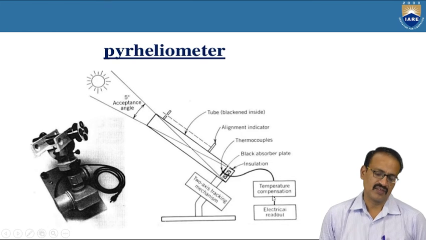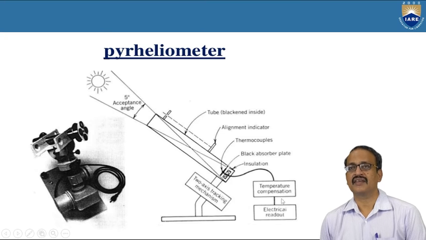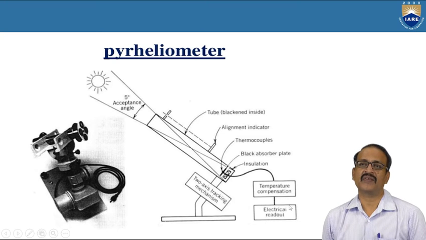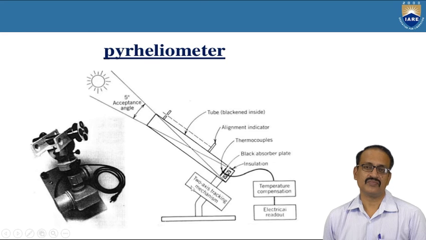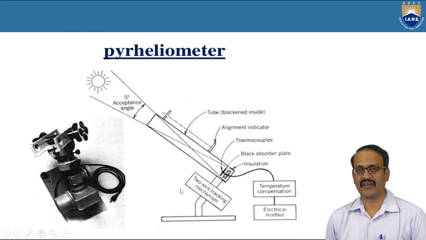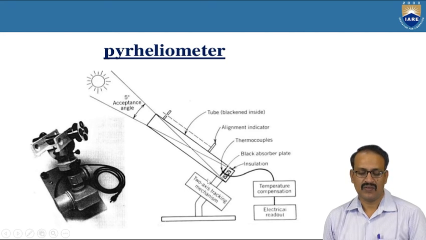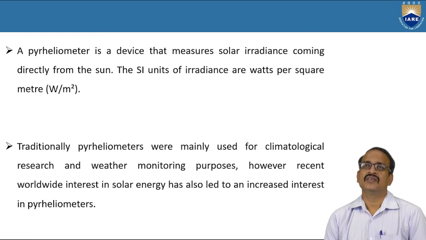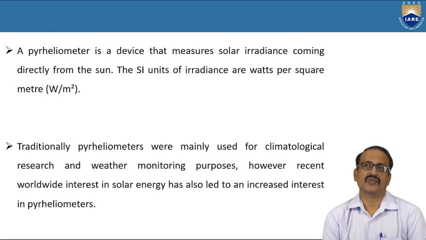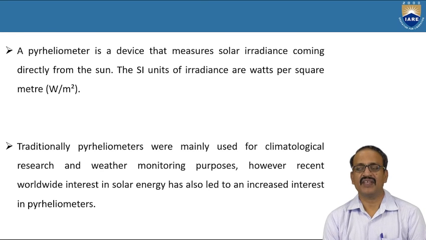For that you need some arrangement. Electrical readout: here we will have a readout. Two-axis tracking mechanism. So this is a two-axis tracking mechanism, not a single-axis tracking. This is to measure direct sunlight. It is a device that measures solar irradiance coming directly from the sun.